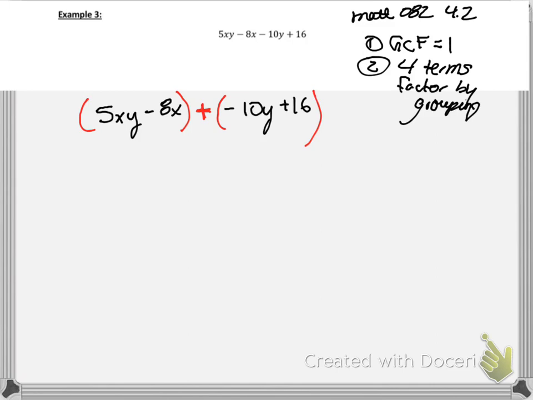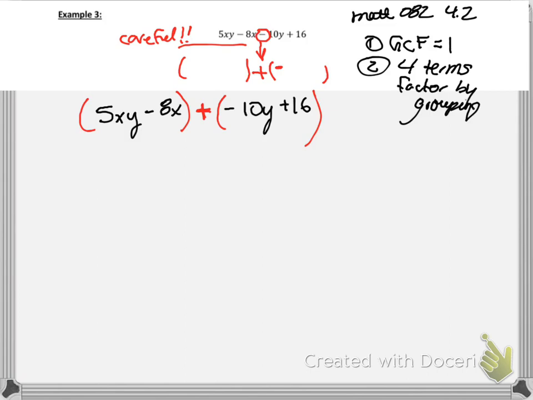That way we haven't changed any signs and we haven't changed the meaning of the original problem. Anytime your middle sign is a negative, I recommend changing it to plus a negative, and then you can place your parentheses. Be very careful, and watch that sign when it's in the middle.